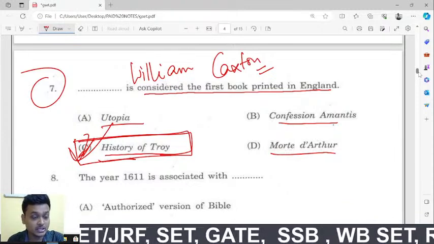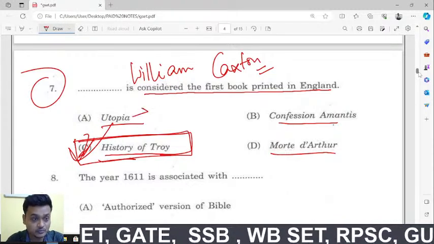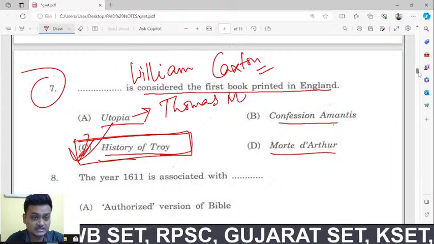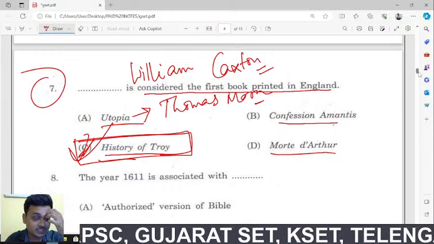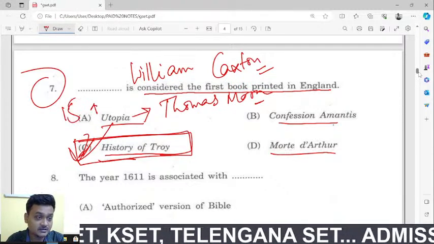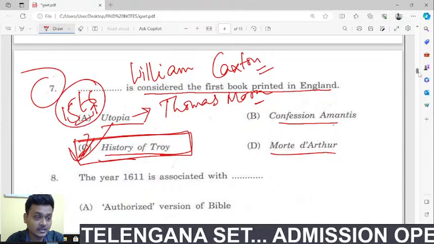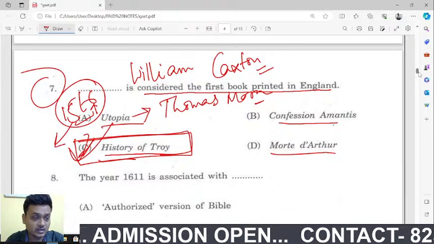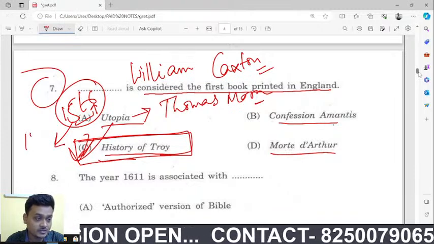And you all know that Utopia is a work by whom? Utopia is a work by Thomas More. Utopia for the first time was published in the year 1516, and its English translation came in 1551.